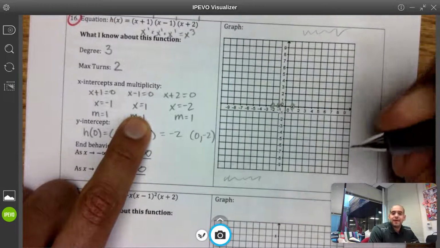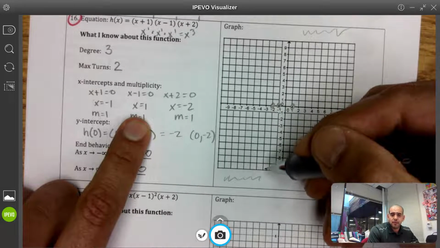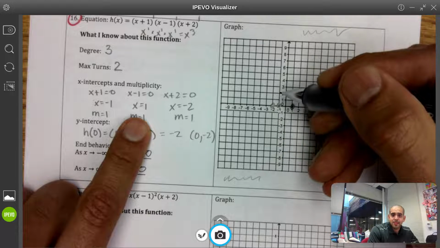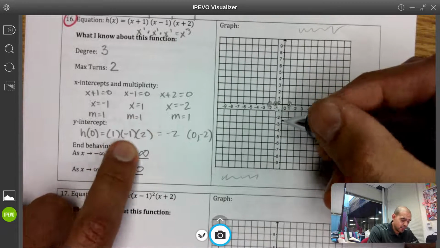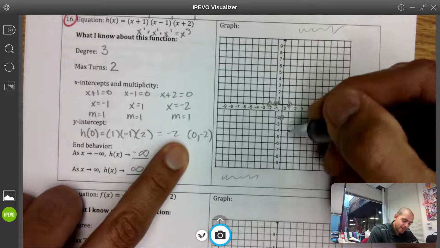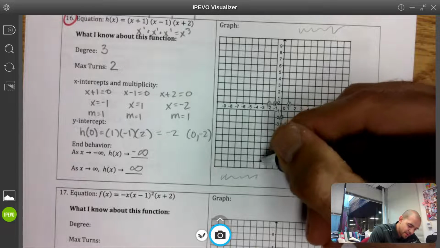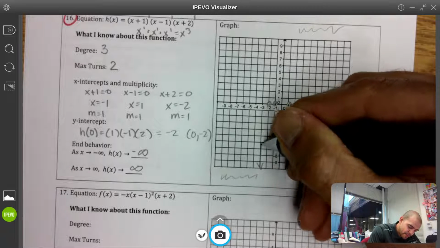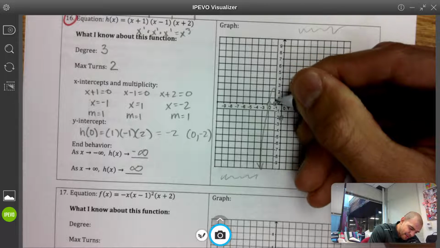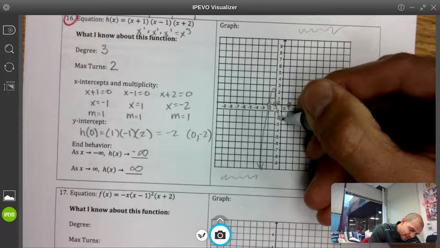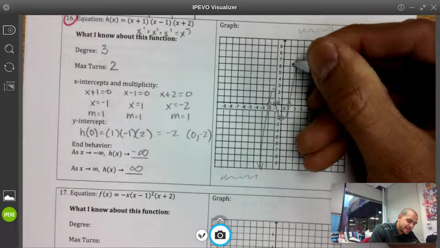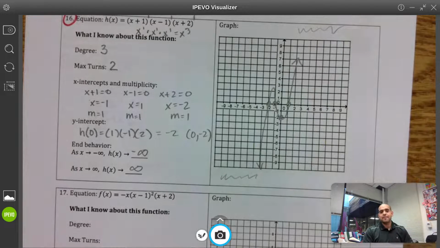So what's going to happen here is I'm going to start my graph from below. It's going to cross, come back down, cross, go through my y-intercept, which is here, and then go back up. So it started from below, goes up, crosses, comes back down, crosses, goes back up, crosses, and that is my graph.